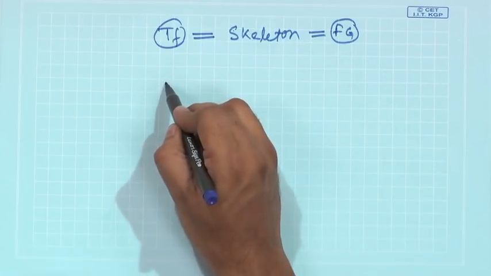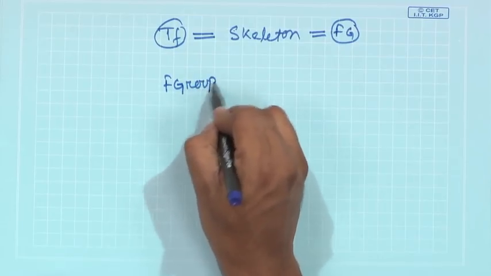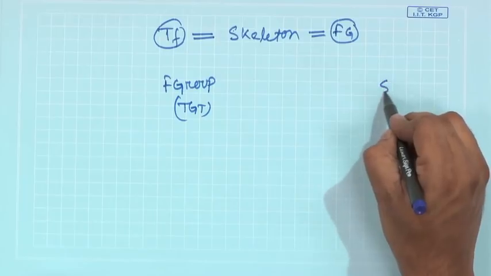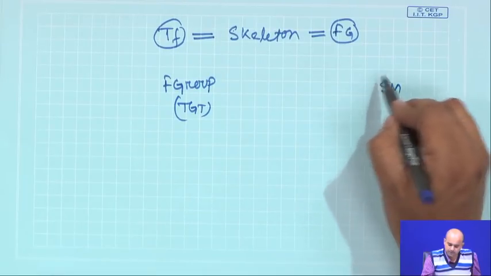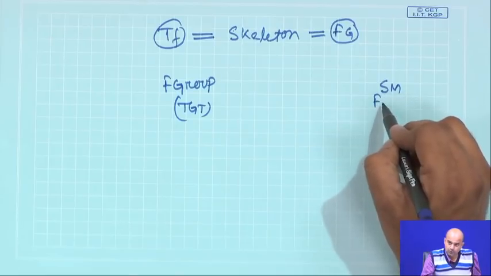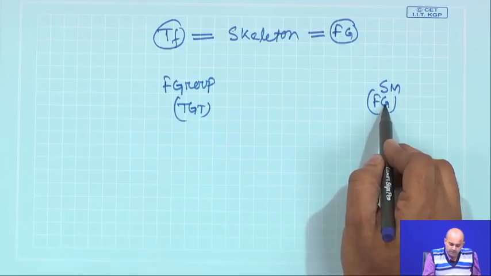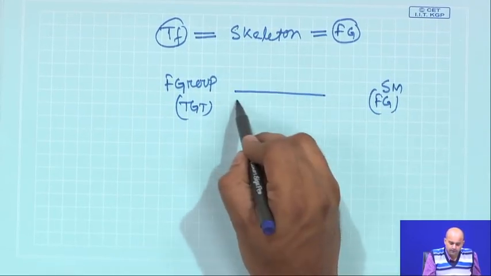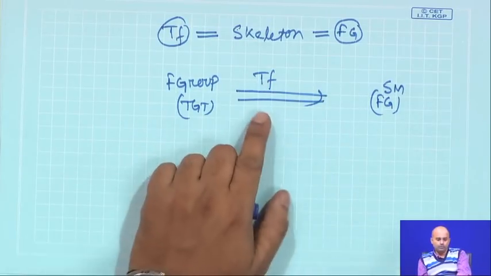So, initially you see the functional groups which were present in the target molecule, right. Then if the starting material is given to you, you analyze what functional groups are there in the starting material, and then with the starting material functional groups and the target functional groups, how they can be correlated with some transformation. That should be your main approach.